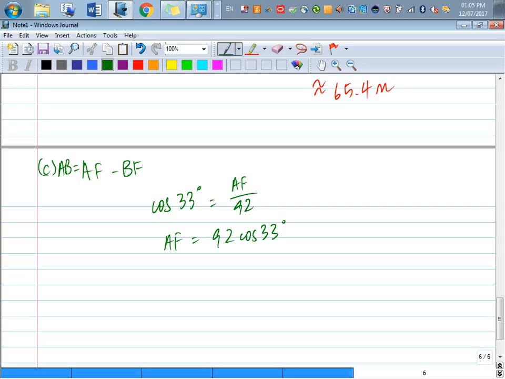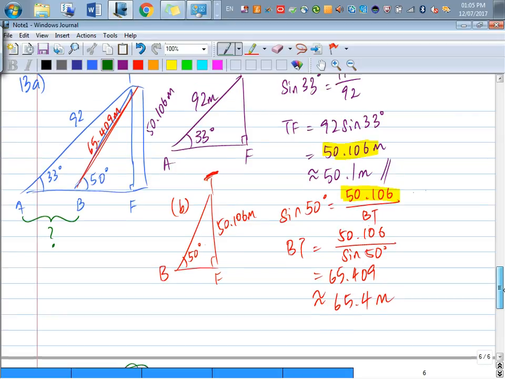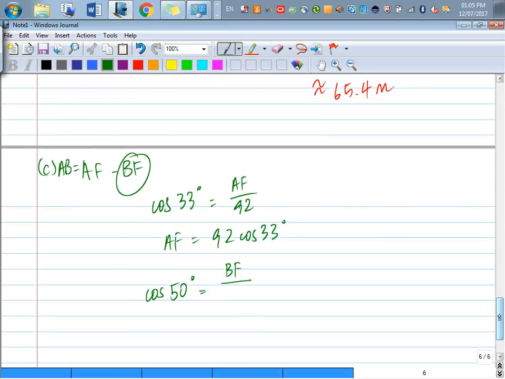Right now, I do not want to evaluate this yet. I'm going to leave it like this. Then I'm going to find the next one, which is BF. Okay? So again, cosine 50 degrees equals to BF over the hypotenuse, which is BT you found earlier on. BT was 65.409.